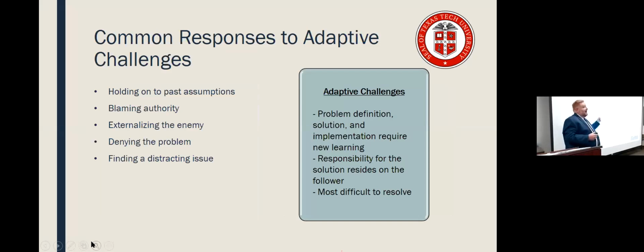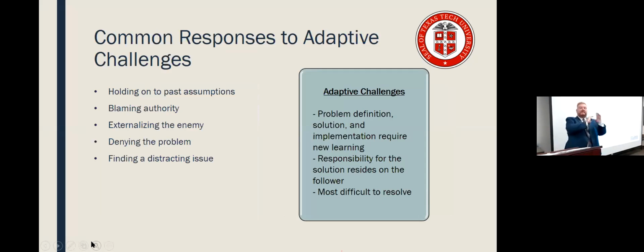Now, we talked about this a little bit, what are the common responses to adaptive challenges? People hold on to those past assumptions, past experiences. A lot of times people like to blame authority for different challenges and issues. They externalize the enemy.